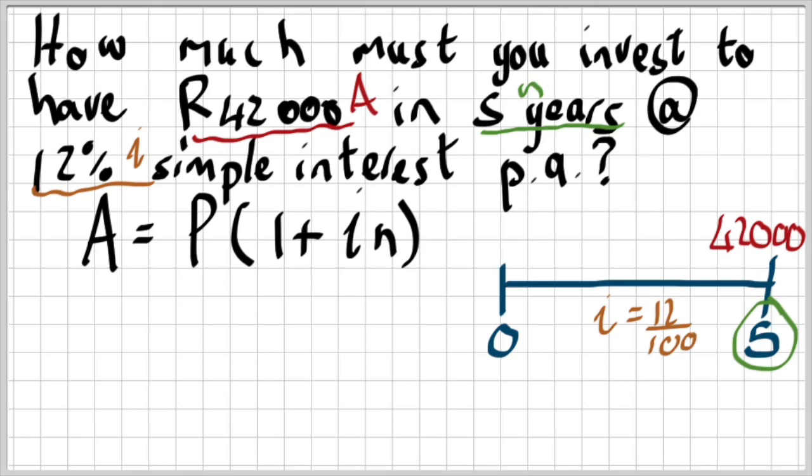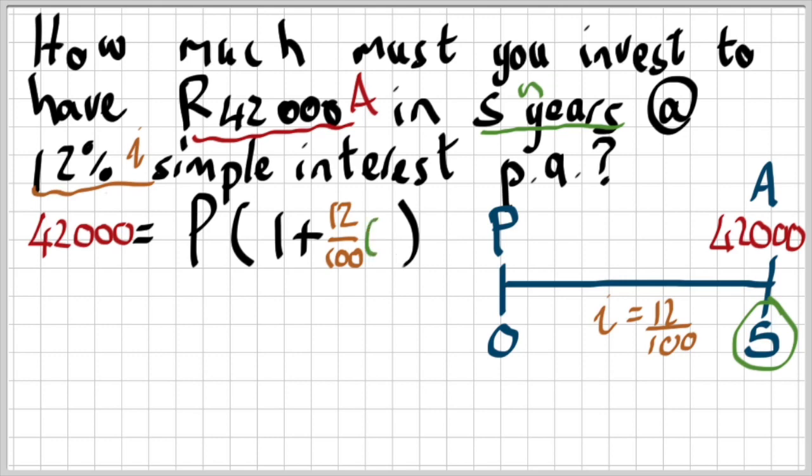This is important, ladies and gentlemen, just so that I know that I've analyzed the sum correctly. If I look at my timeline, the P value would have been at the beginning, the A value at the end, where we have the 42,000. So the A value is 42,000, the i is going to be 12%, and the n is 5 years.